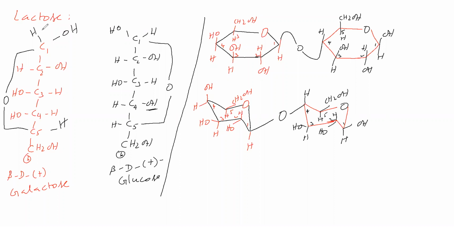Okay. Like this I have made the change. Now this C1 carbon OH group and this C4 carbon OH group go for the glycosidic linkage. Galactose C1 carbon and glucose C4 carbon go for the glycosidic linkage. This is lactose.